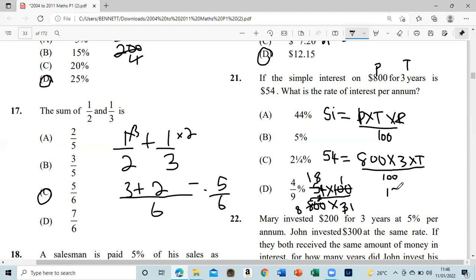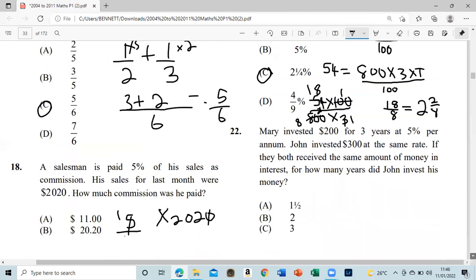Let me try to break that down: 18 goes 2 times 8 is 16, so it's 2 1/4, since 2 over 8 is the same thing. So it's 2 1/4 percent.